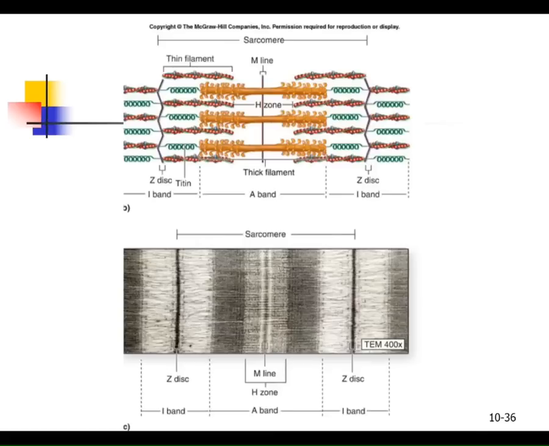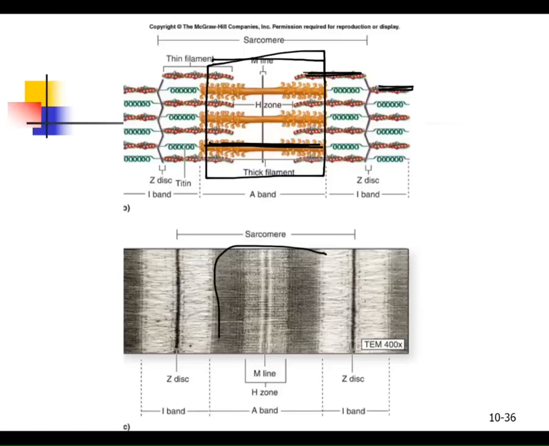So the yellow, same colors, the yellow molecule right here that's a myosin. That's a thick filament. The red guys over here, there's a thin filament, and here's a thin filament. Wherever I see the yellow myosin, it's a pretty big, chunky protein. So wherever I see the yellow myosin, I see a darker area on the micrograph.